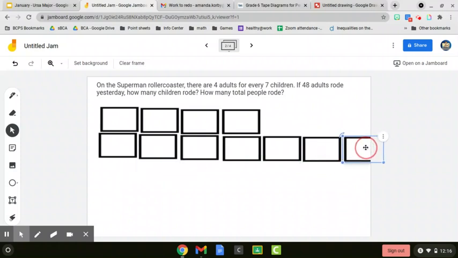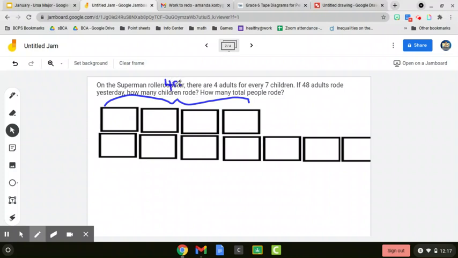Okay, so pretend that that's complete, that there are 4 adults and 7 children. If 48 adults rode yesterday, how many children rode? So this top row is equal to 48.